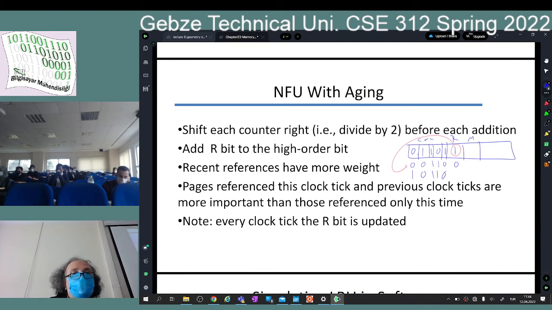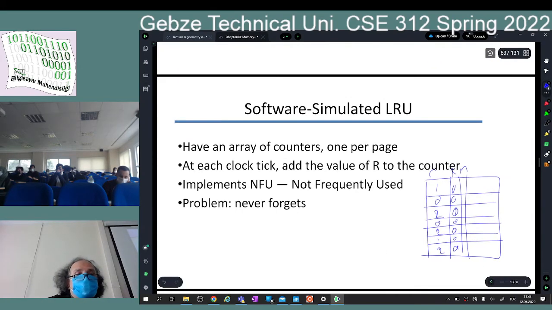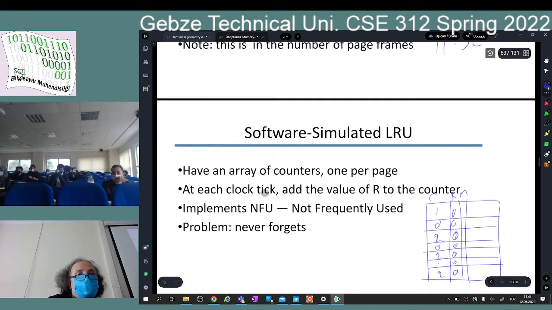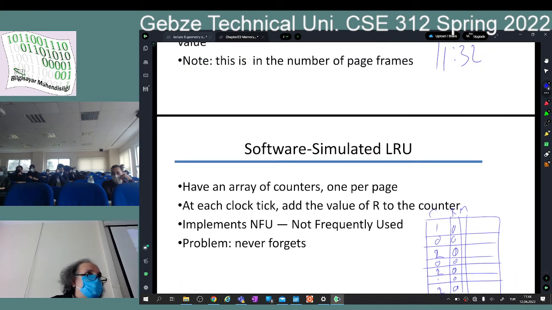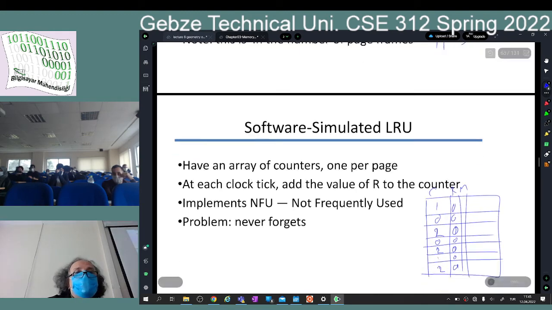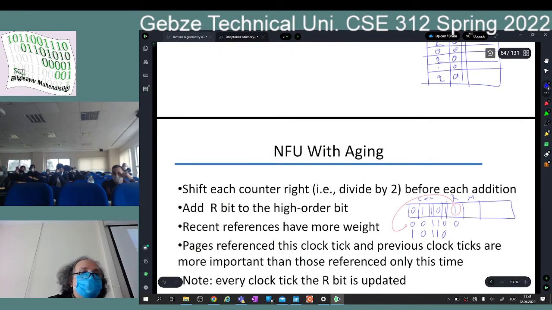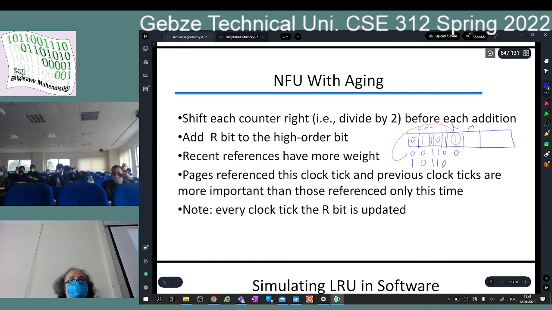This is called not frequently used with aging. The plain not frequently used just measures how many times a page is used, how frequently it is used. That's not good for measuring how recently it was used. But not frequently used with aging does exactly that.